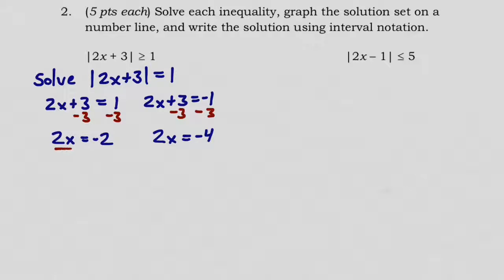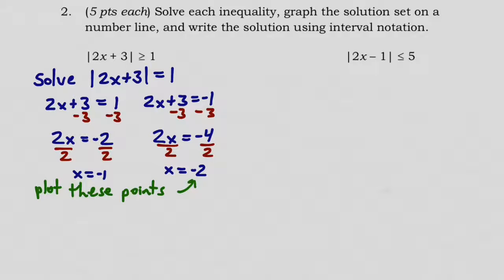And then we can divide both sides of both equations by 2, to get x equals negative 1 and x equals negative 2. So my next step, I want to plot these points on a number line. So I'll just sketch a number line. Negative 2 is the smaller point, so I'll put that to the left of negative 1.